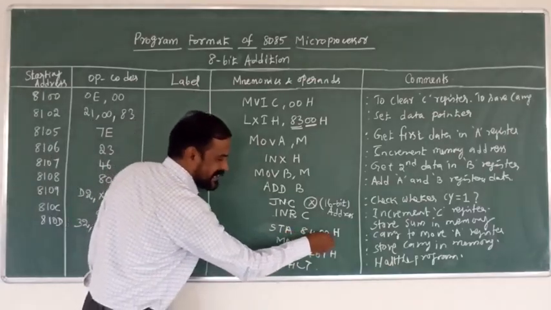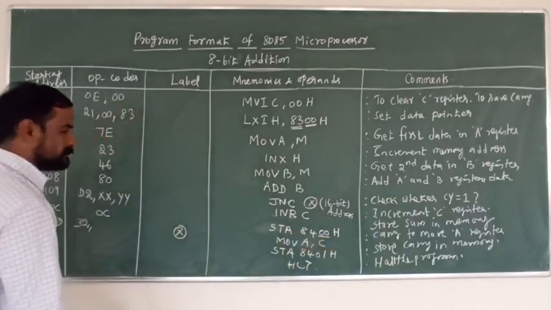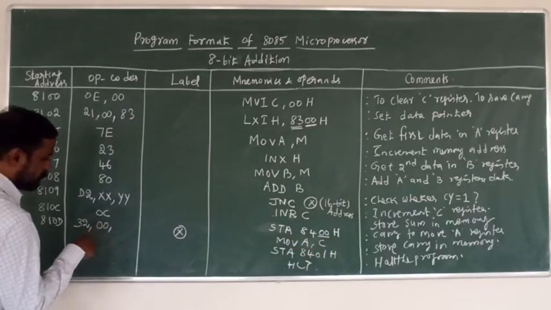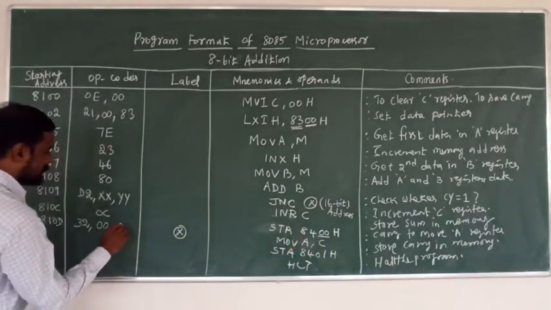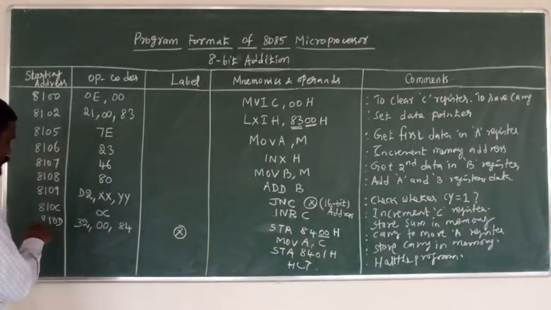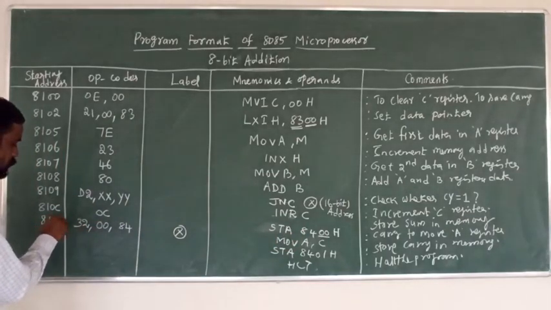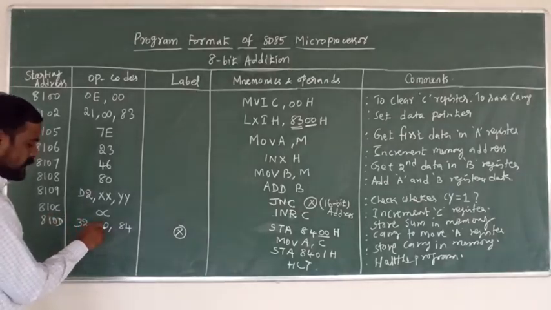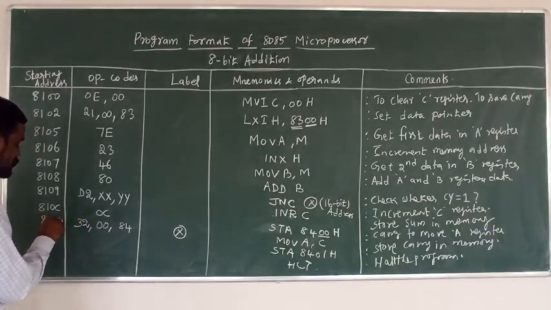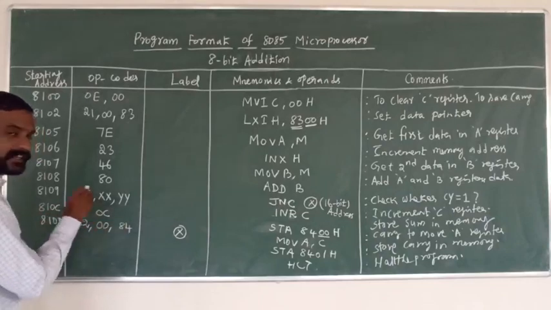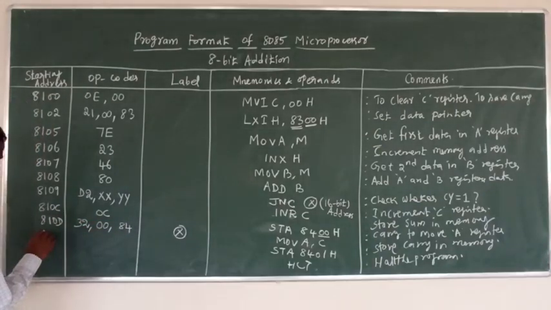First we have to represent the least significant byte of the address, 00, next 84. At 810D load 32, at 810E load 00, and next address 810F load 84.